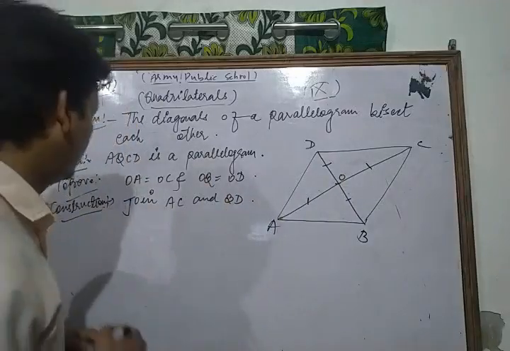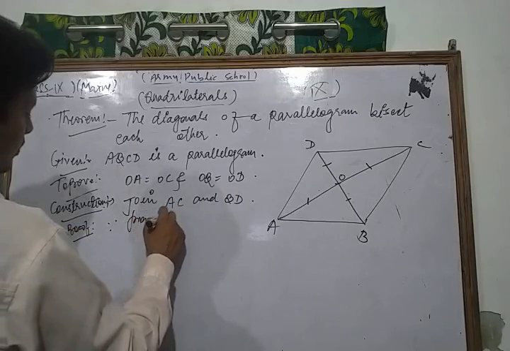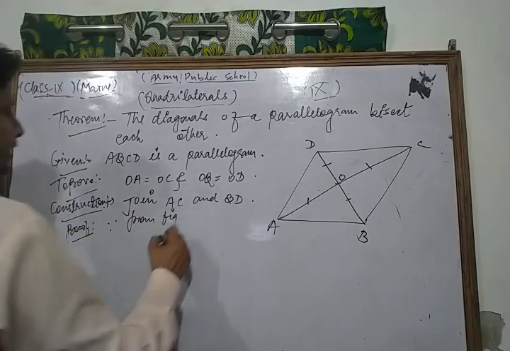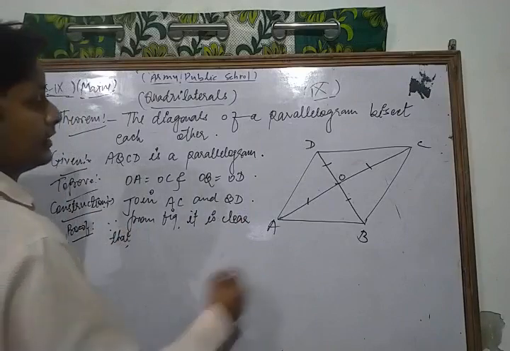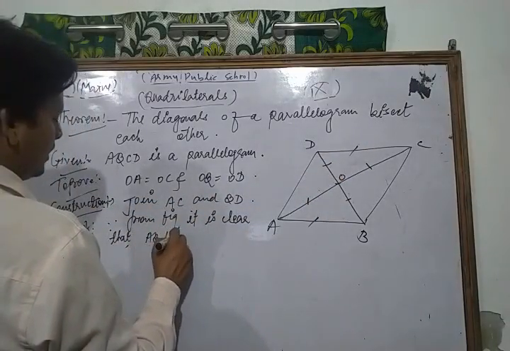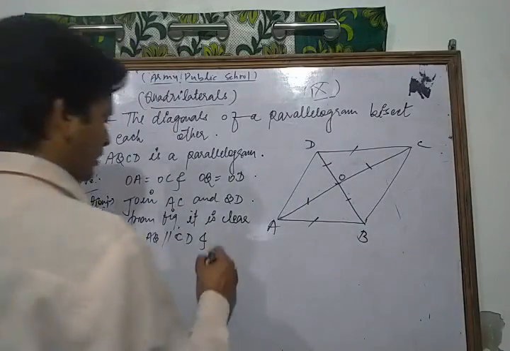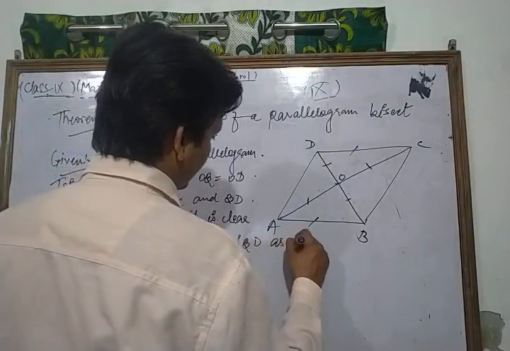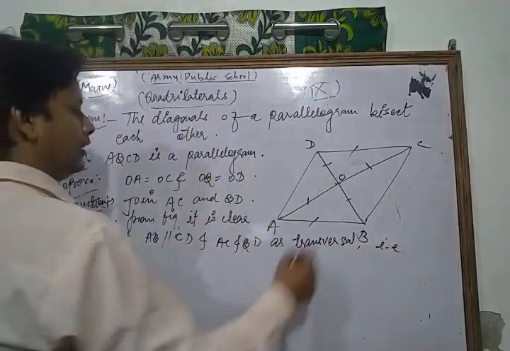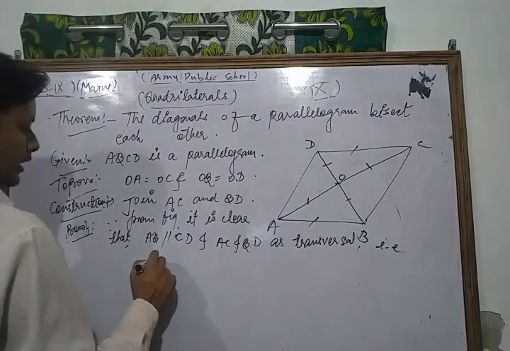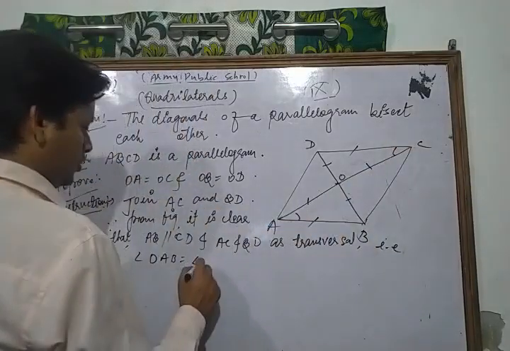Now we write the proof. Since from the figure it is clear that AB is parallel to CD, and AC and BD are transversals, that is, angle OAB is equal to angle OCD.